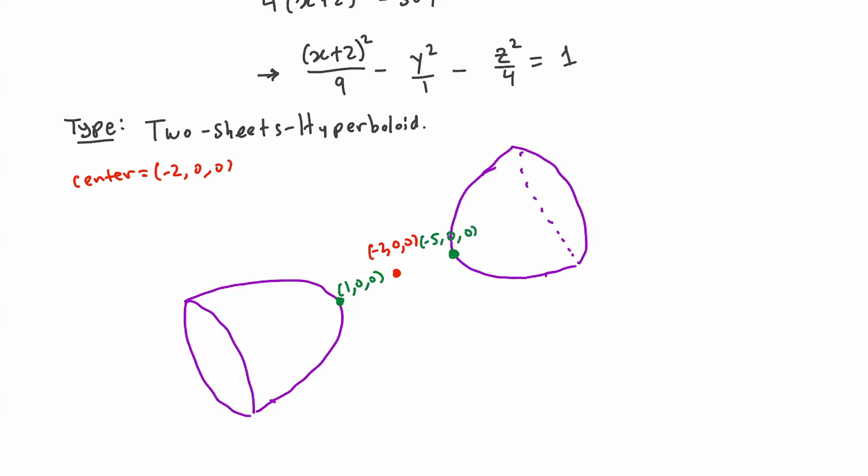Let me know if that makes sense. Hopefully you agree why we moved 3 units in the x direction: it's because of the 9 underneath the first term, which determines how far we go from the center.